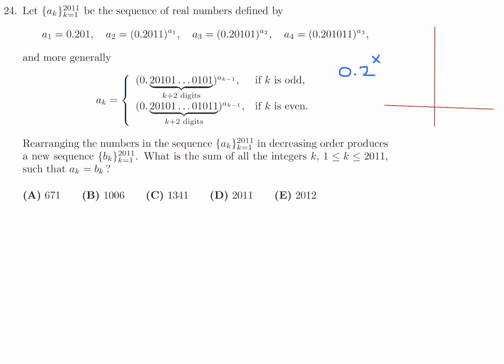And it will behave as follows. And some of you, of course, already know this. When x is 0, this is of course going to be 1. When x is, say, 2, this number, 0.2 to the power of 2, will be 0.04. It actually gets smaller. So it behaves something like this.